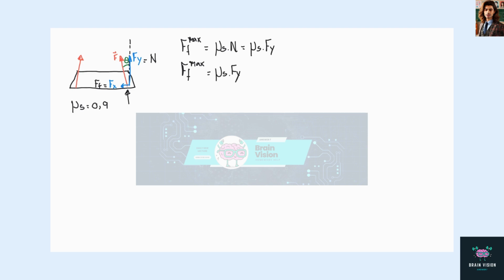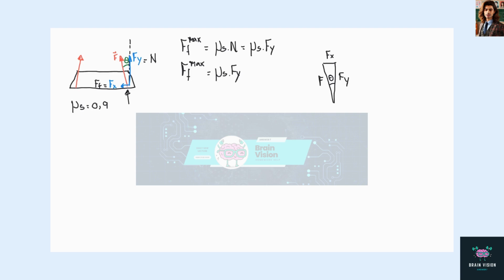Now, how can we relate F component Y with the force F, the complete force? We can do it as follows. This is a right triangle, and here we have F component X, F component Y, theta, and the complete force F as the hypotenuse.